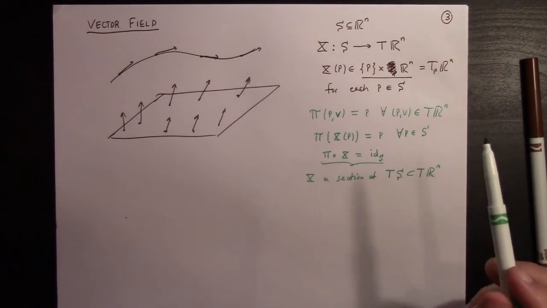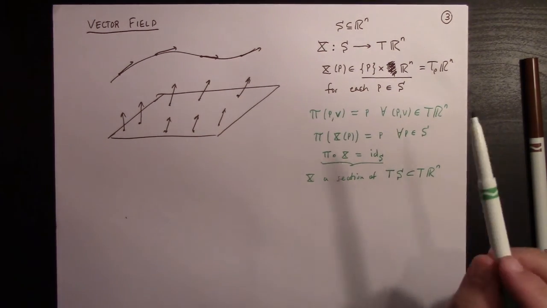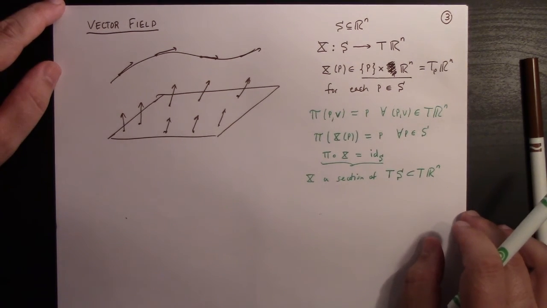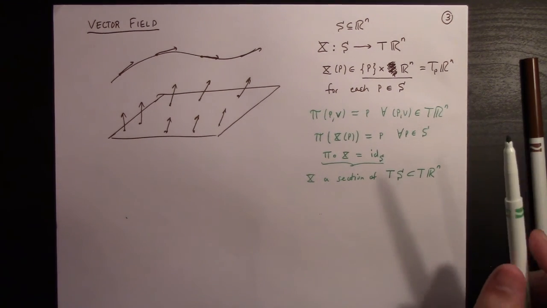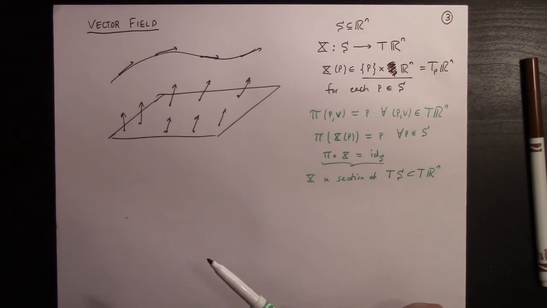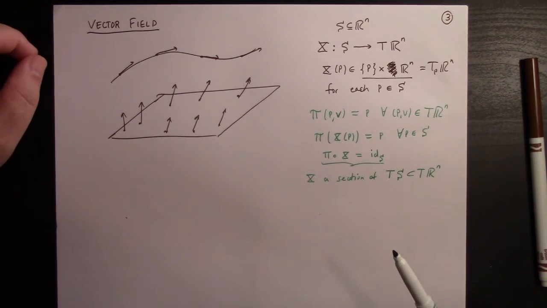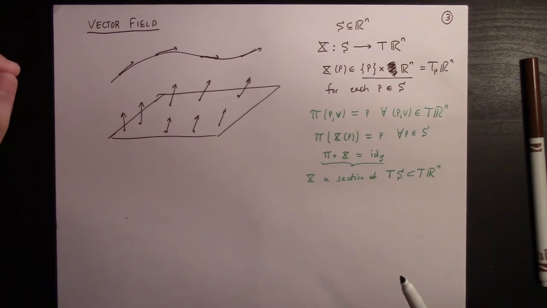Just a fancy way of saying you attach one vector to each point in the object. All right. But it is nice to have a specific meaning to something being a vector field. It's a section of an appropriate restriction of the tangent bundle.